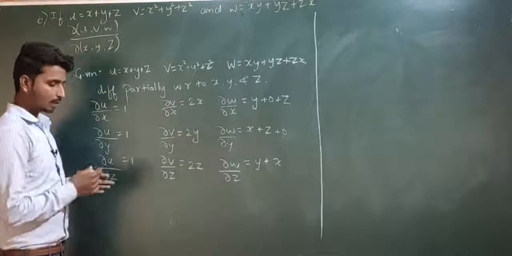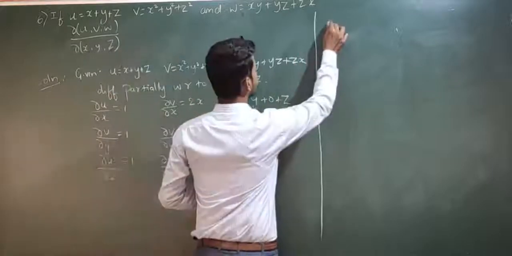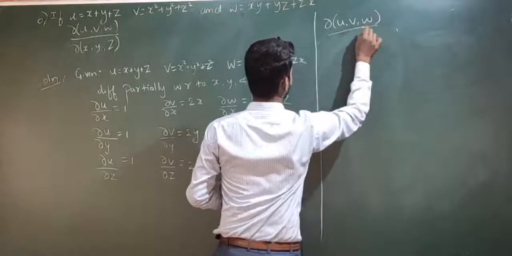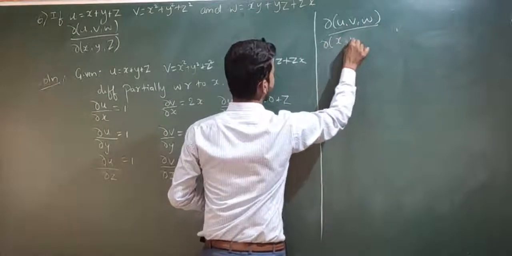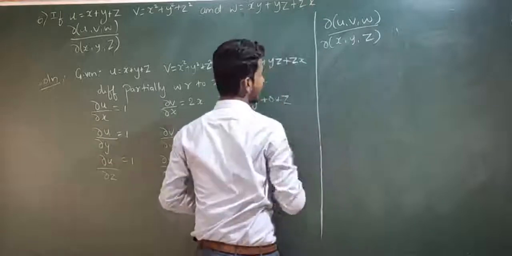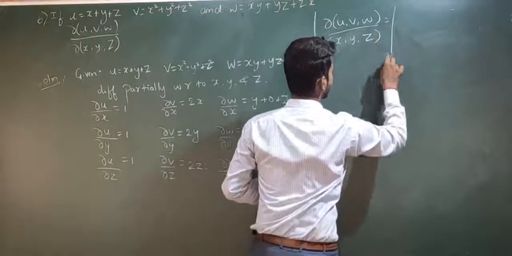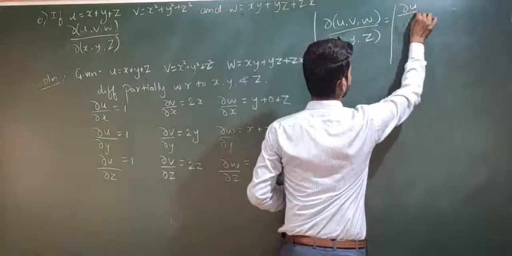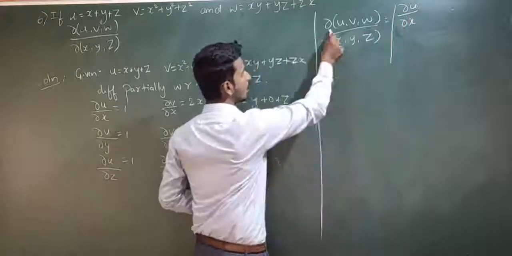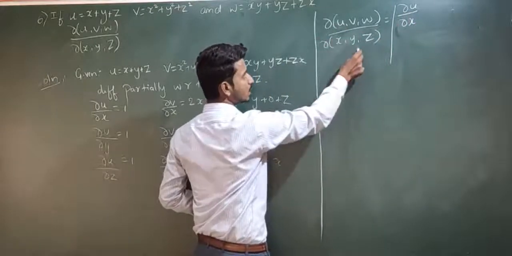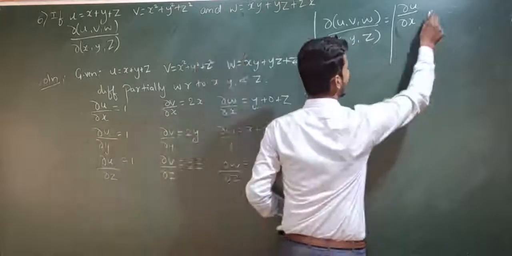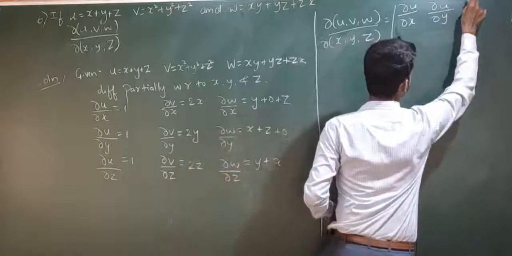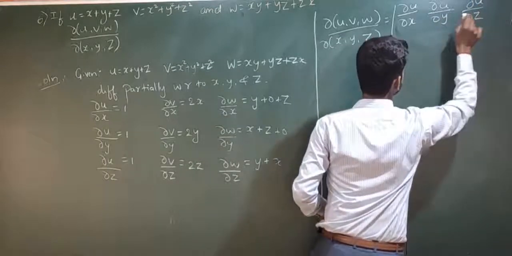Now we will write it in the determinant form, that is the Jacobian dou of u comma v comma w divided by dou of x comma y comma z. We can write this in the determinant form as: dou u by dou x, dou u by dou y, and dou u by dou z.